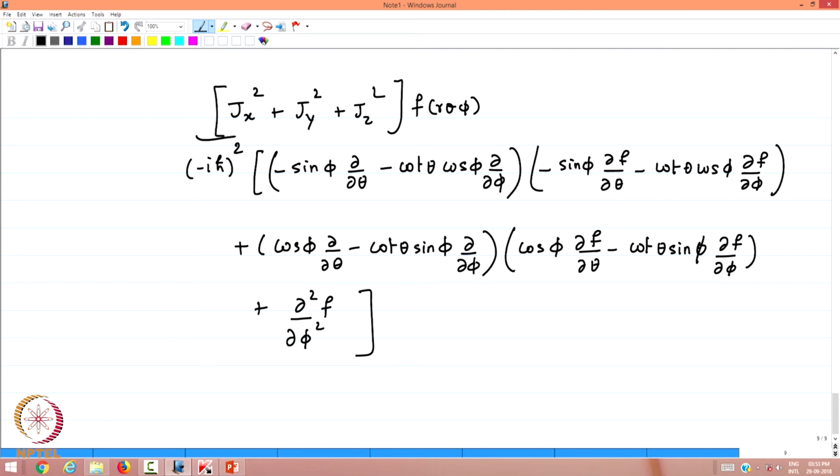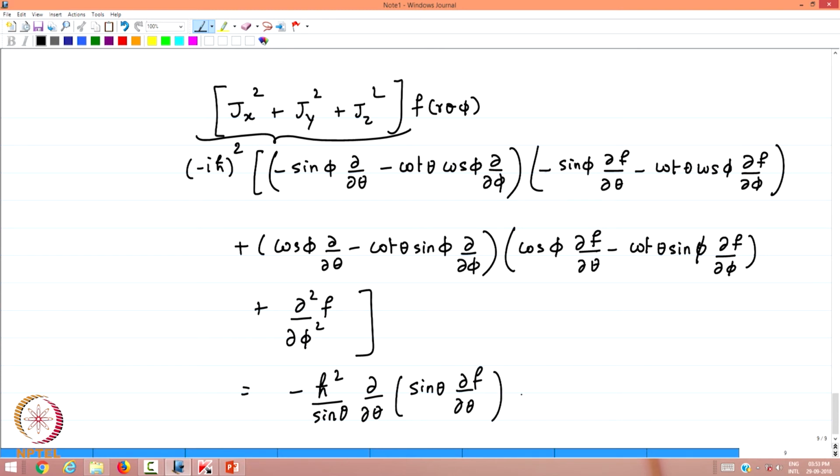Therefore, the identity is between this operator and the corresponding operator form, which will turn out to be minus h bar square by sin theta dou by dou theta sin theta dou by dou theta of f, and you will have minus h bar square by sin square theta dou square f by dou phi square.